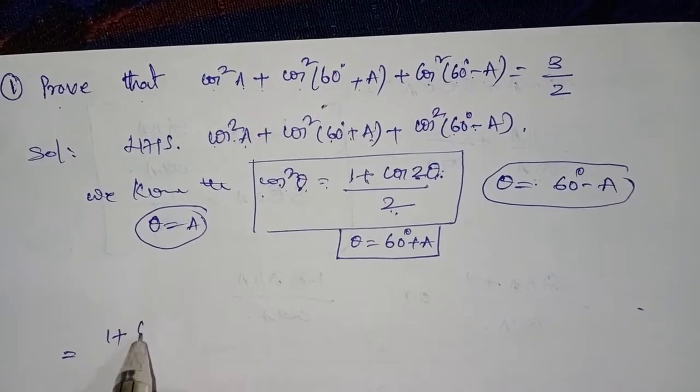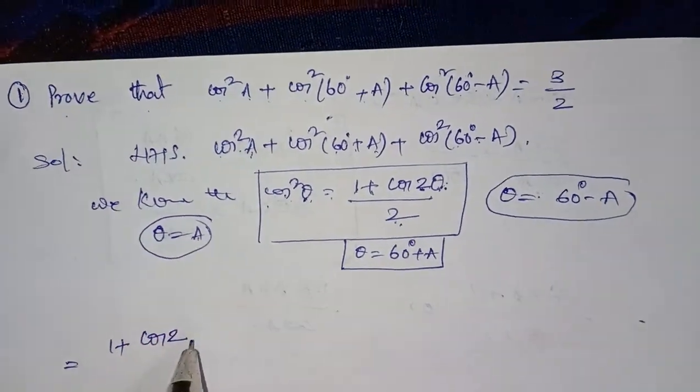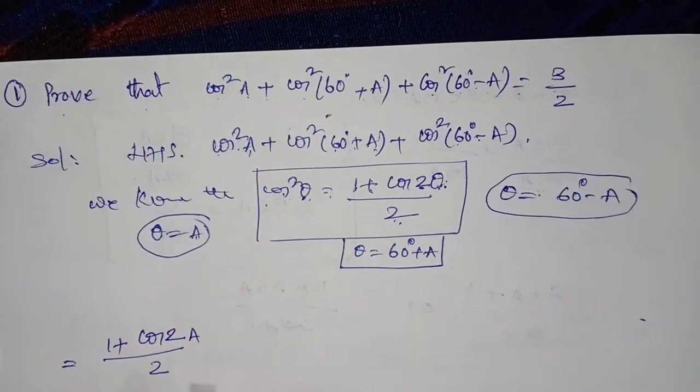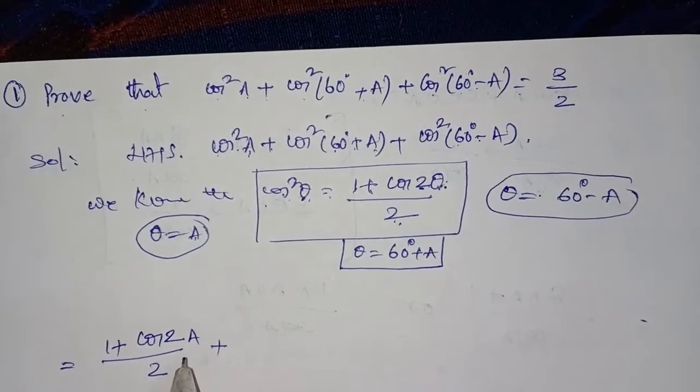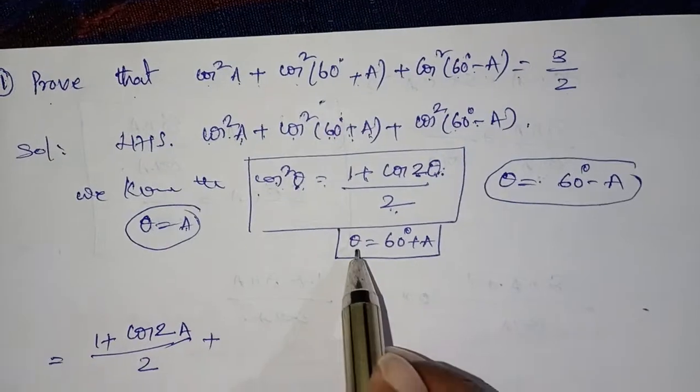For the first one, it has only A, so (1 + cos 2A)/2, plus cos²(60° + A).